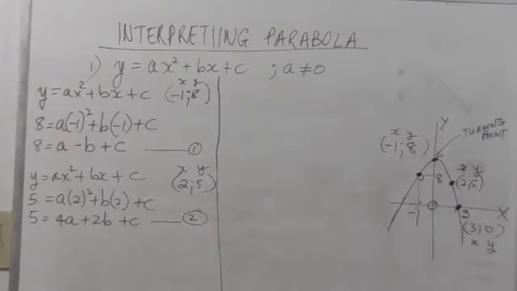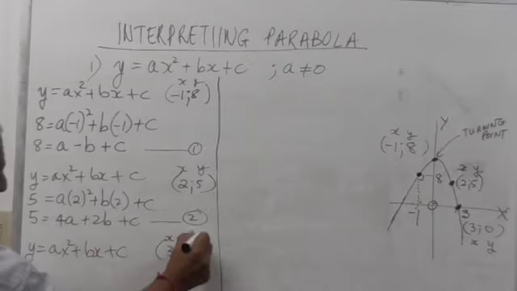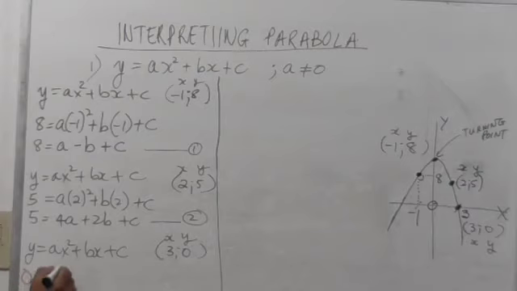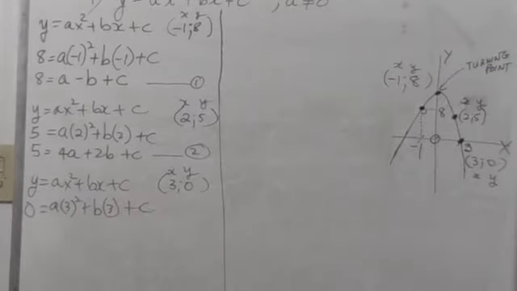Now we're going to build our third equation. We start again with y is equal to ax squared plus bx plus c, and we're using 3, 0. That's your x, that's your y. Now y is 0. So 0 is equal to a into 3 squared plus b into 3 plus c.